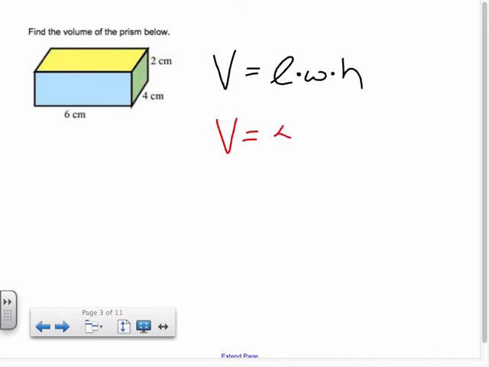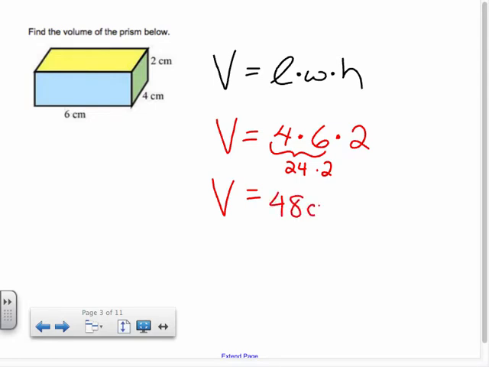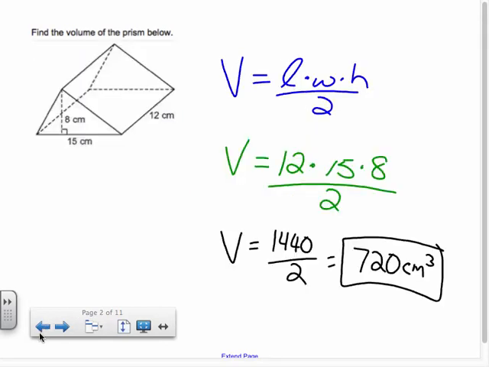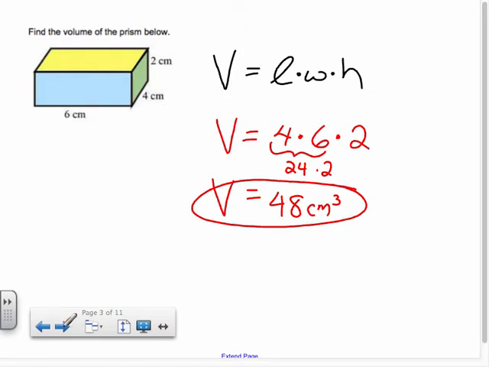So we would say 4 times 6 times 2. 4 times 6 is 24, and 24 times 2 would be 48 centimeters cubed. So rectangular prisms are very easy. When you're looking for volume, you multiply the 3. For a triangular prism, again, multiply all 3, but then you divide by 2.